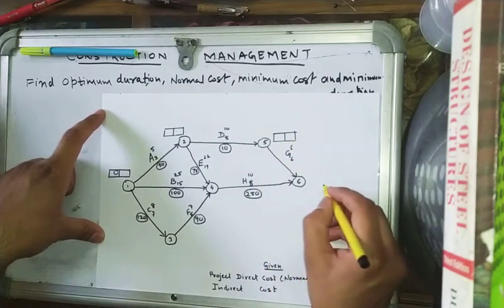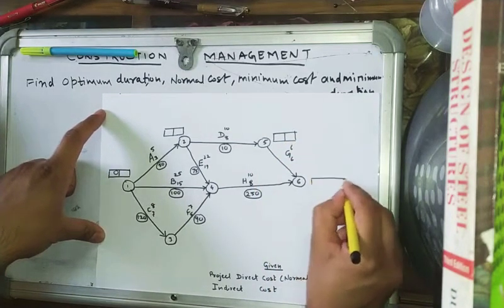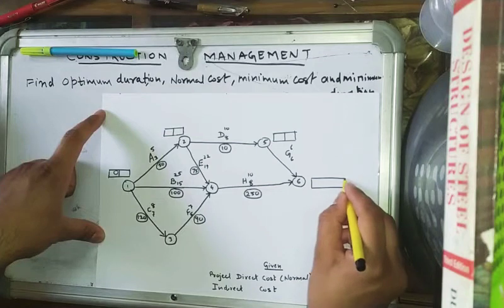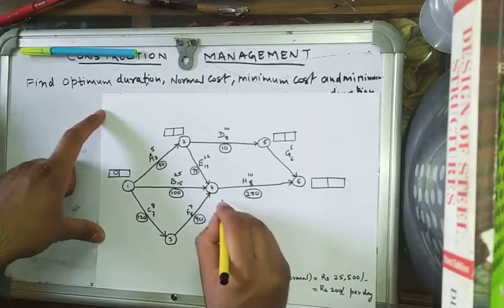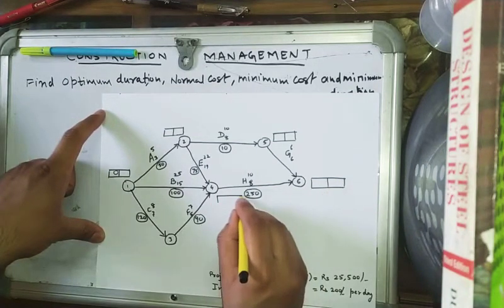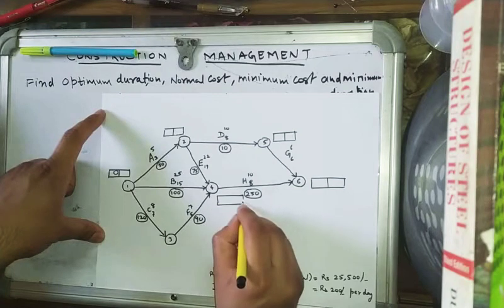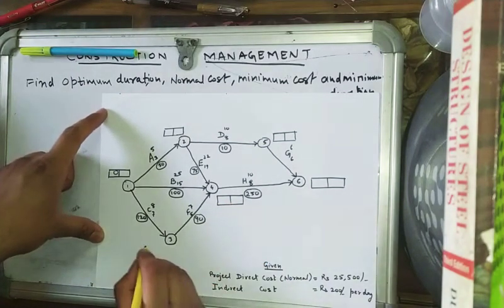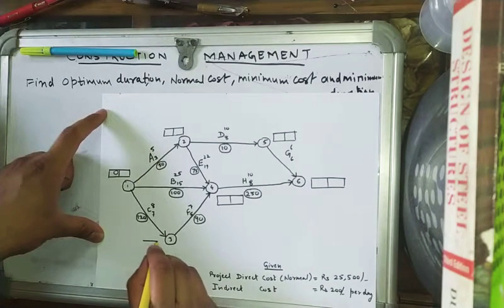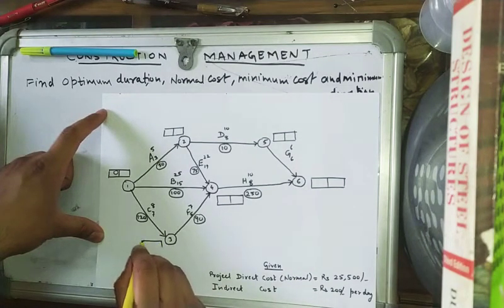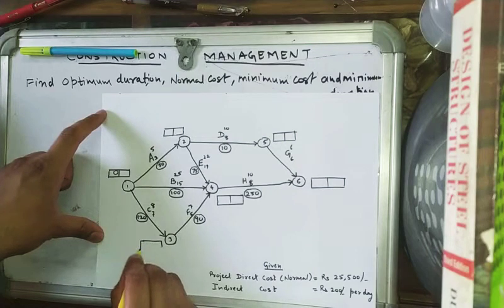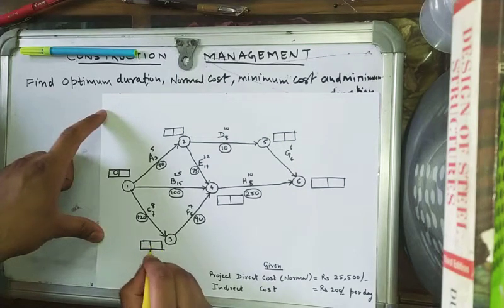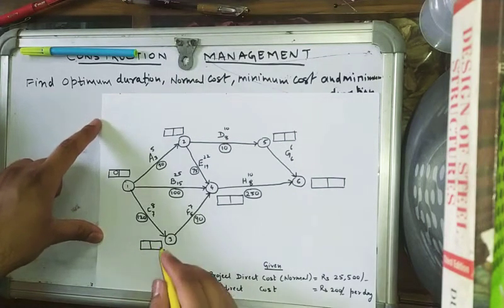We are drawing two boxes, one for EOT, another for LOT. It is not always necessary to draw these boxes exactly above the event.